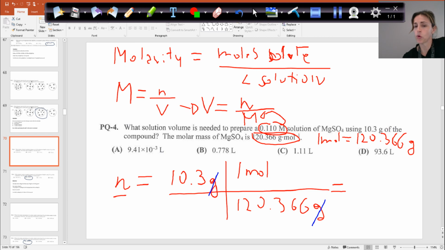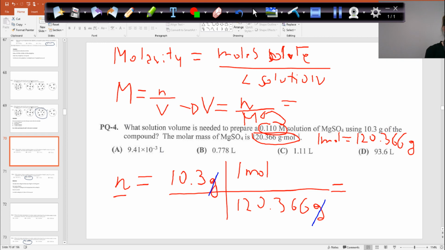So this will give us moles, and then we take this number and we divide by the molarity which was given. So basically, let's see what that number ends up being. So we have 10.3 divided by 120.366.